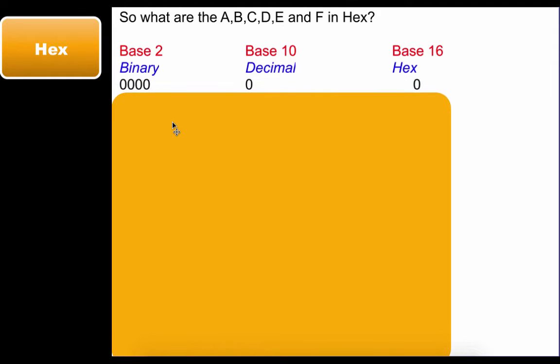In binary, 0000 is the same as saying decimal 0, and in hex 0.